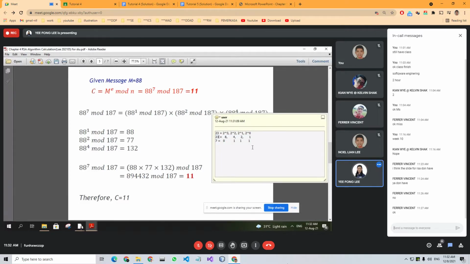If this is 23, we need 2 power of 4, which is 16. So from these numbers, how can we combine and get 23? Anyone? How to get 23 from this 2 power of x?